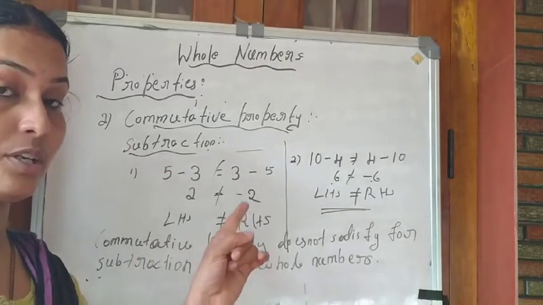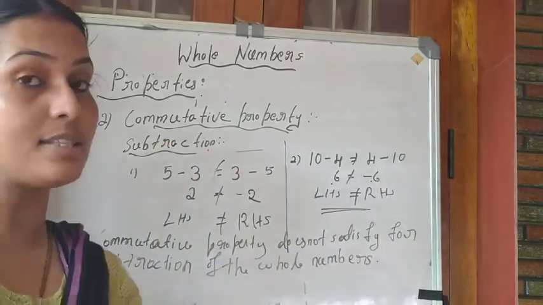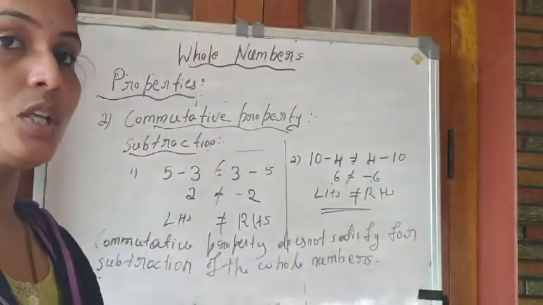It is satisfied for addition of whole numbers, but it does not satisfy for subtraction of whole numbers. Okay, so the next.